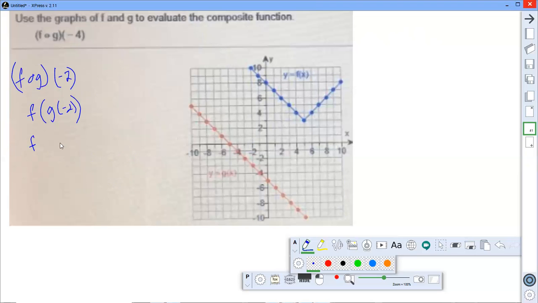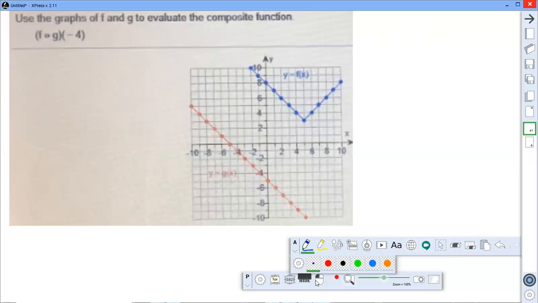So g of -2 is equal to -3. Now you go to f of -3, it should have been here. Whatever this number is, I guess we can guess that it would have been 11. Hopefully this helps you.